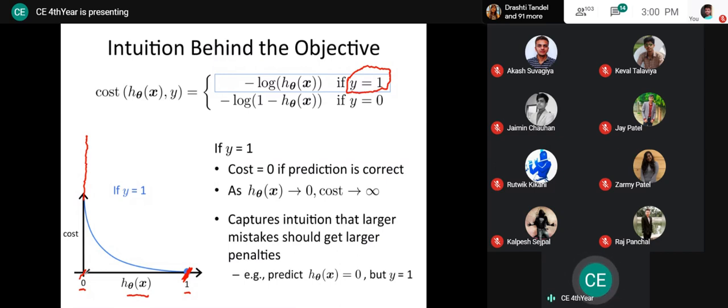So for that, the cost value should be very large. And that's actually the result over here, so the cost moves towards infinity. If you put that value into this log function, if I put that 0 over here.